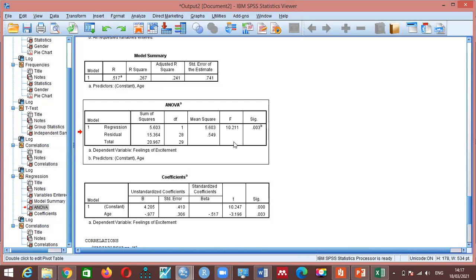So that's what the negative sign does. But if there was no negative sign here and this was positive, if this was just 3.196, it would have meant that there's a significant positive effect of age on feelings of excitement, such that as people get older, they are more excited. As this goes up, this goes up. But for negative, it means as the predictor goes up, the dependent drops or reduces.